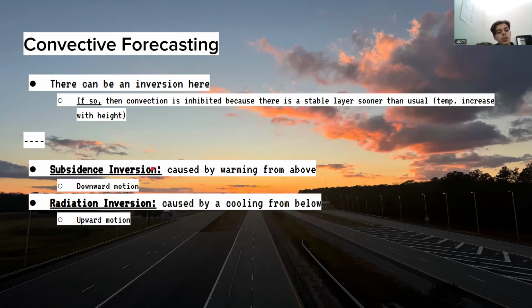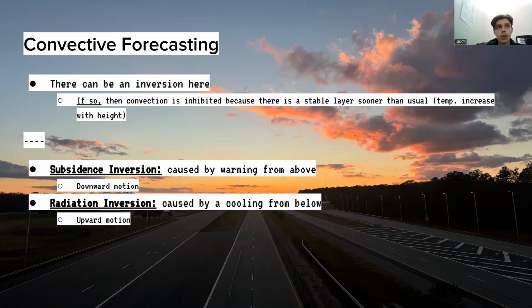All right, we can also have some convective forecasting at this level. So there can be an inversion here. And if so, convection is inhibited because there's a stable layer sooner than normal. So if you think about it, the tops of our thunderstorms are usually way higher, almost at the 300 millibar level, because it takes that long for us to get to a stable layer.